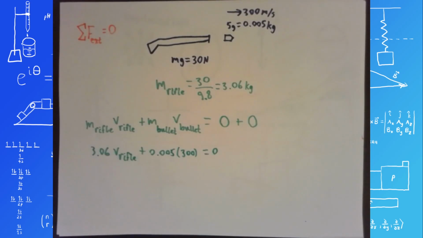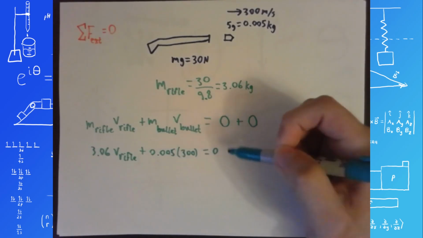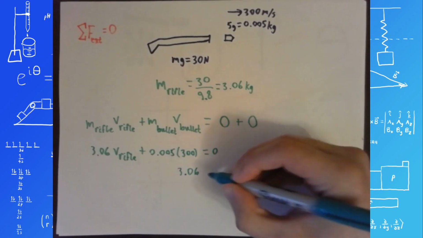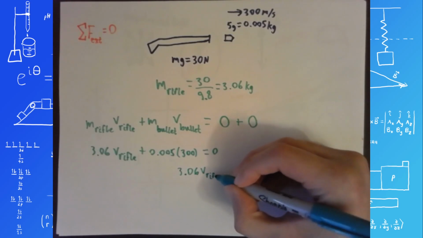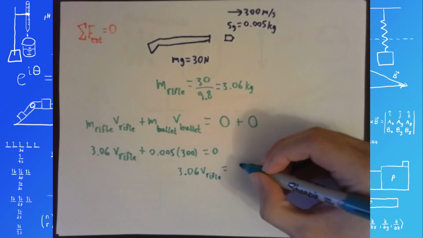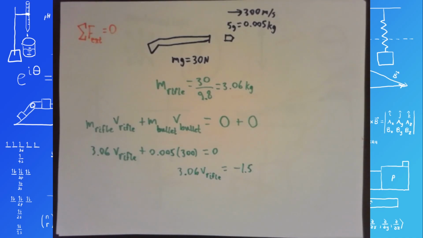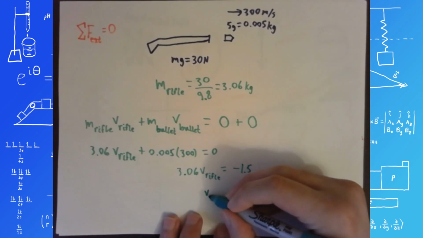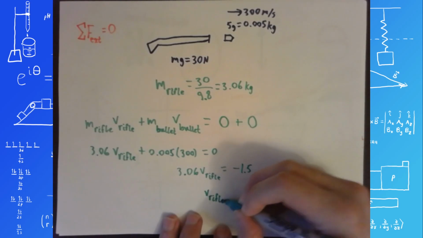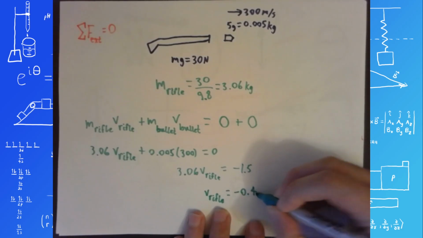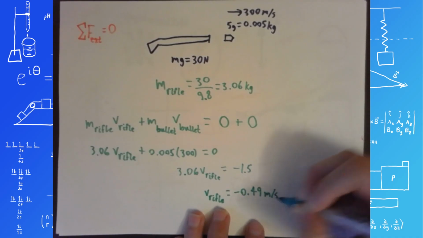Let's see, 0.005 times 300 is 1.5, and if we subtract 1.5 on both sides, we get 3.06 V rifle equals negative 1.5. Divide by 3.06, and I get V rifle equals negative 0.49 meters per second.